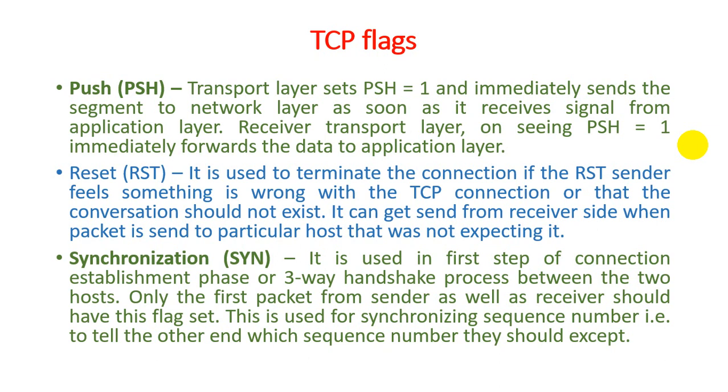And how do we synchronize the packets? We divide packets based on a synchronized sequence number, which tells the other side which sequence number they should accept. Let me give you one example. Your message is divided into 10 different packets.